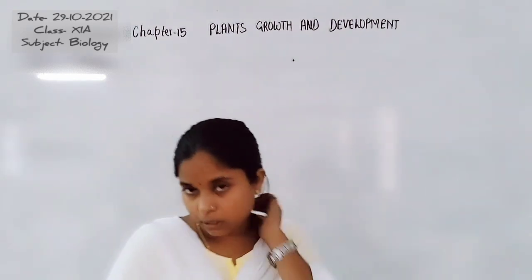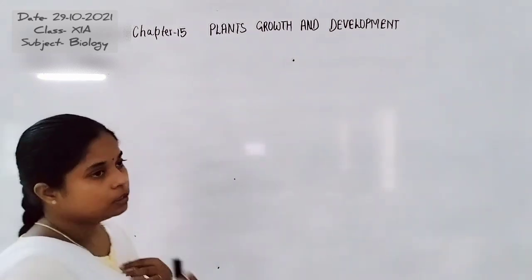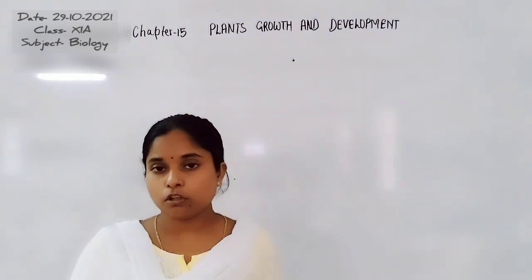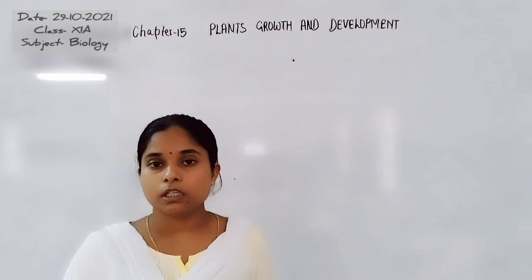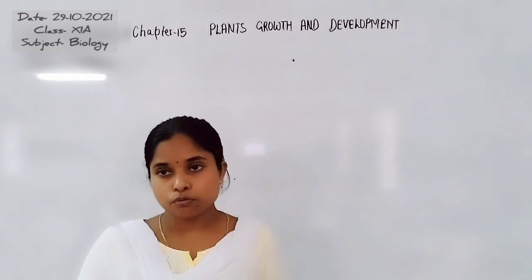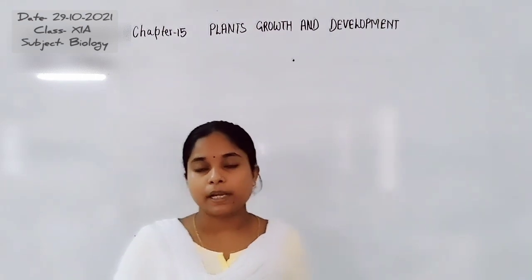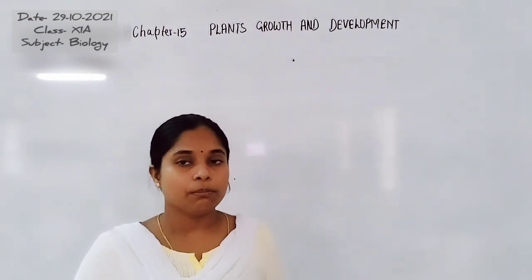Now here is the overall discovery of auxin. Now let us discuss the function of auxin. Simply, the function of auxin is elongation and proliferation of the shoot tip or root tip. They are present in the tip of the root and the tip of the shoot, and that promotes apical dominance.